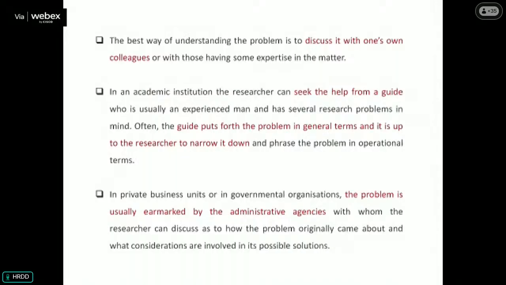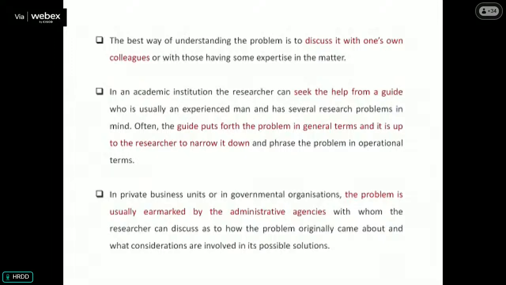Often the guide puts forth the problem in general terms, and it is up to the researcher to narrow it down. So the guide will give you in a broader way: you can do this and this, all these 4 problems you can take up. Then you have to narrow it down. It's up to you.